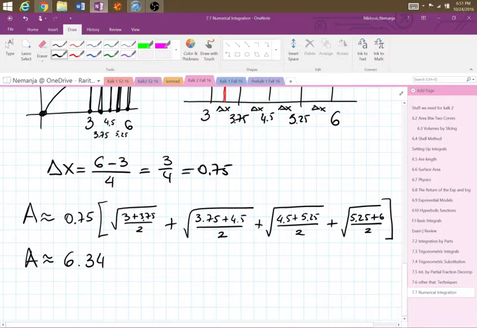So the calculator gives us 6.3338, let's say 6.33. That's too much precision, but there you go. So pretty good, right?